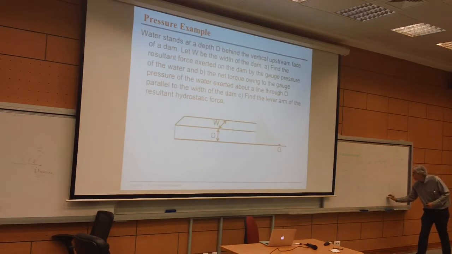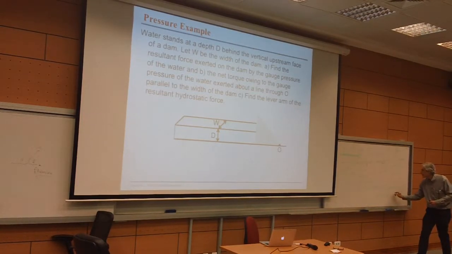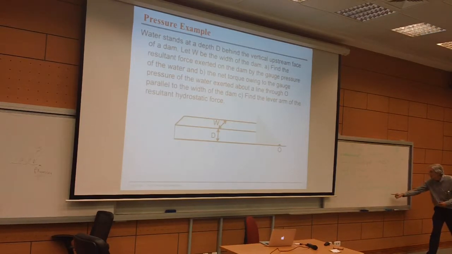This first term gives us d y squared over 2. Second term gives us y cubed over 3. All of this going from y equals 0 to y equals d. Okay, so we have rho g w times d cubed over 2 minus d cubed over 3, which is rho g w d cubed over 6. Okay?